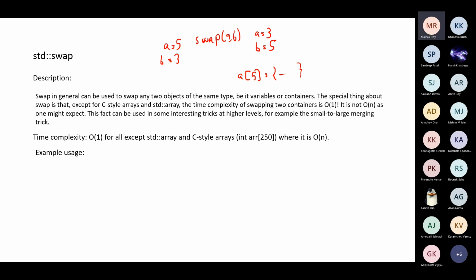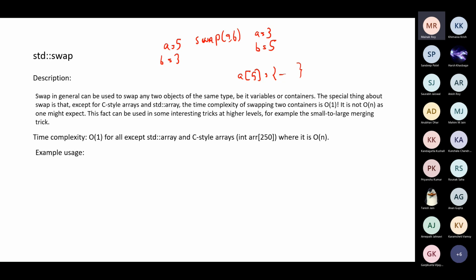And that is very useful for us because we can use this fact in some very interesting tricks which we'll encounter at higher levels. One very big example is the small to large merging trick, in which you always merge smaller vectors into larger vectors, and this results in a very nice reduction of time complexity. I will not go into this again.